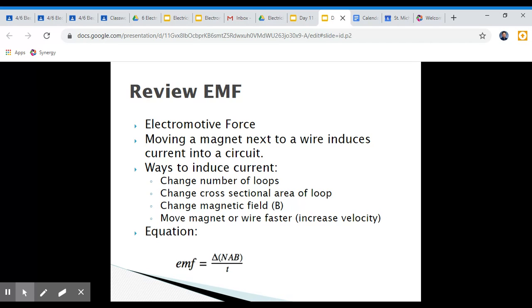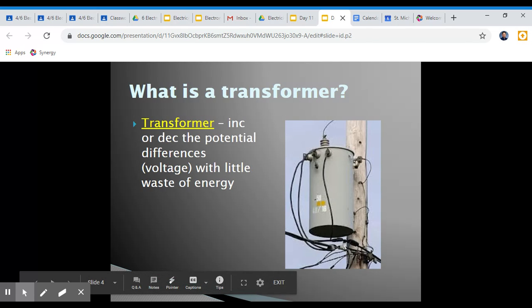And we use that equation, electromotive force is equal to the number of turns on the wire times the area multiplied by the magnetic field, and then dividing that by time. And remember, time basically represented how fast you are moving it next to the coil of wires.